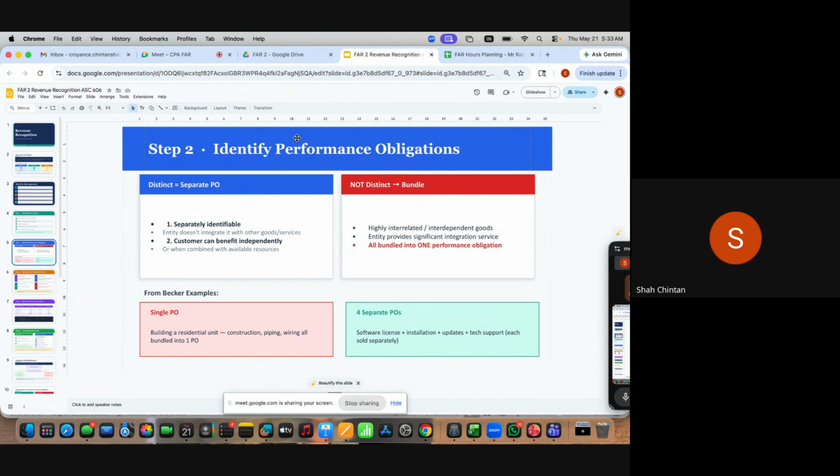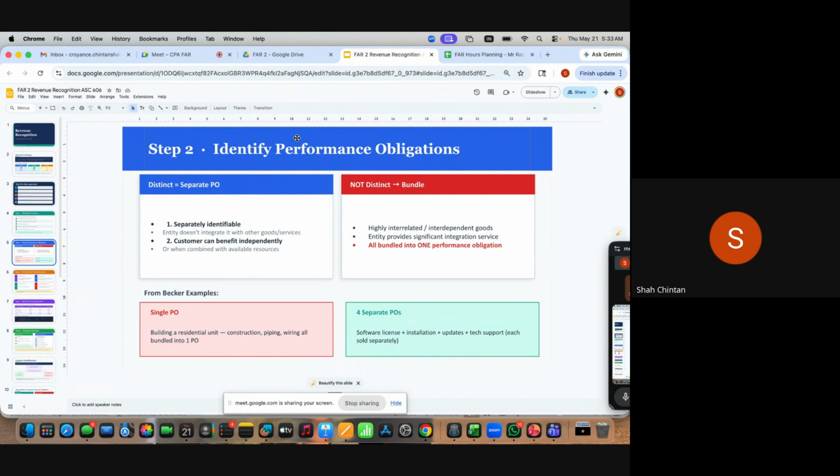Or let's take an example of a CPA firm. If a CPA firm is giving accounting services, it's a performance obligation. Auditing service, it's a performance obligation. Income tax filing services, it's a performance obligation. But let's say we are also giving a service to print out the income tax return. That's not a performance obligation, that's administrative work.